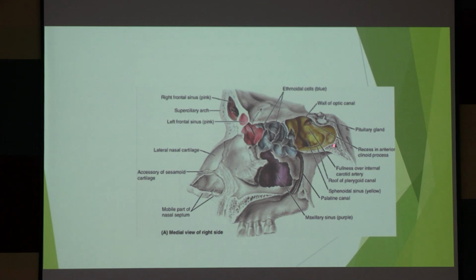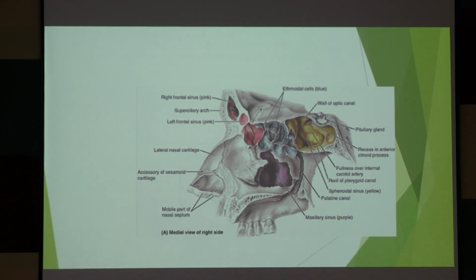This is your large sphenoid sinus, okay? This is your, what is this structure? Hard palate, right? These are teeth, this is the oral cavity, okay? This is your hard palate.